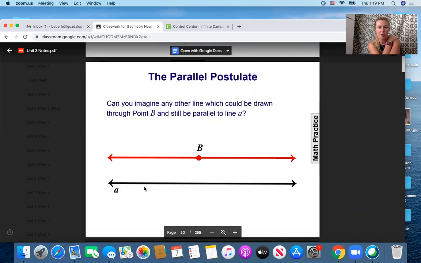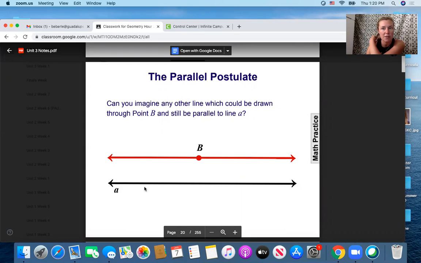So continuing on with the parallel postulate, can you imagine any other line which would be drawn through point B and still be parallel to line A? Is there one? What do you think? In the chat box, is there another way we could draw line B, that red line, and make it still be parallel?